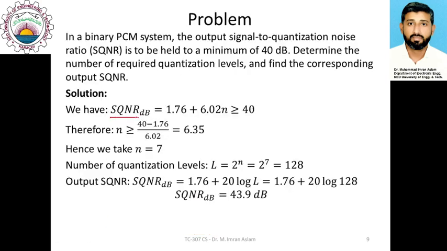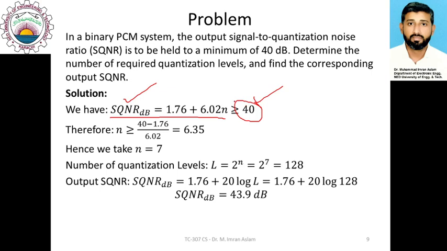For this particular case, we need to have SQNR greater than 40 dB. You can see that this relationship is already in dB and 40 is also in dB, so we do not need to convert any value in dB or vice versa.